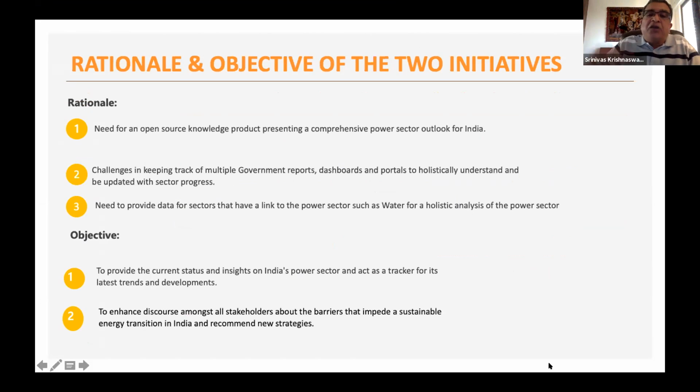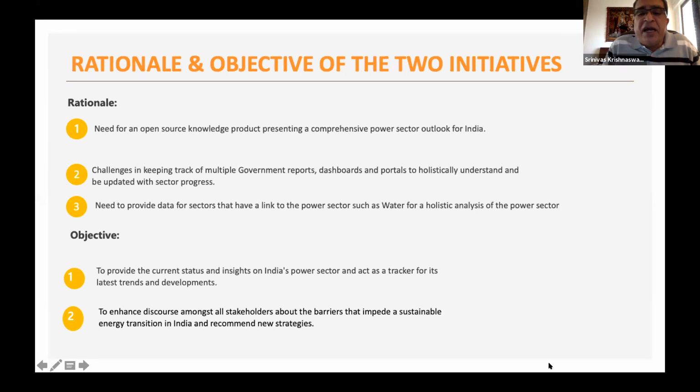I'll talk about the two initiatives very quickly. The rationale and objective of the two initiatives was, one, a need for an open source knowledge product presenting a very comprehensive power sector outlook for India. Two, the challenges in keeping track of multiple government reports, dashboards, and portals to holistically understand and stay updated on the sector's progress.